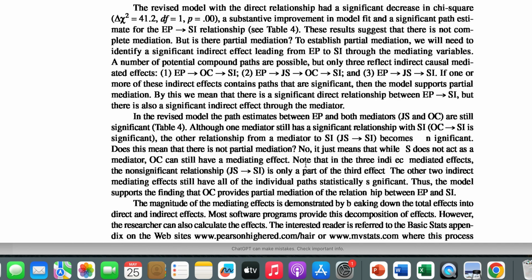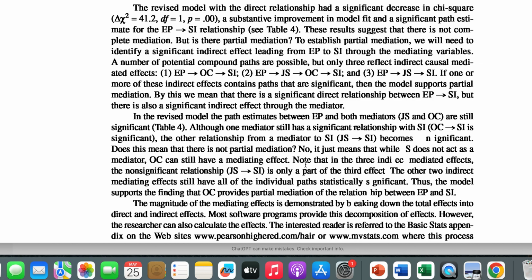The revised model with the direct relationship had a significant decrease in chi-square, a substantive improvement in model fit, and a significant path estimate for the EP to SI relationship seen in table 4. These results suggest that there is no complete mediation but there is partial mediation.